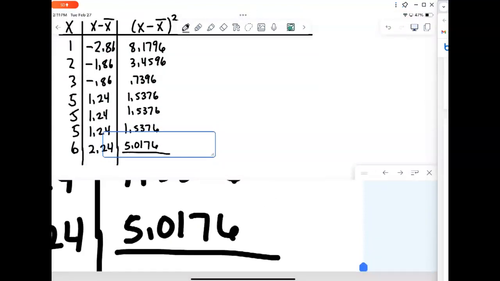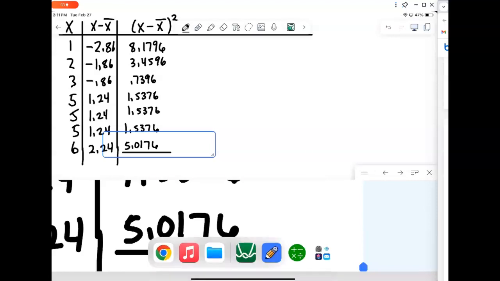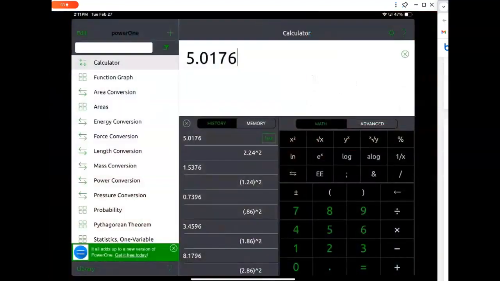And then we're going to take each of those values that we just computed and add them all up to get our total. So going back on my calculator to do that: 8.1796 plus 3.4596 plus 0.7396.